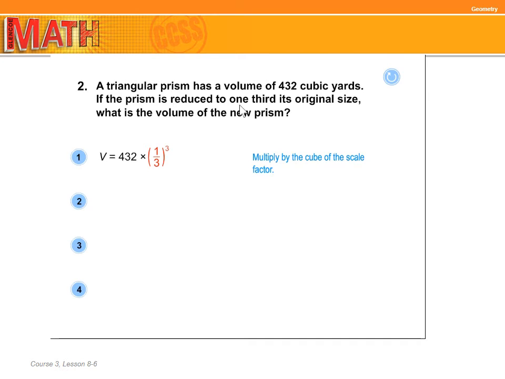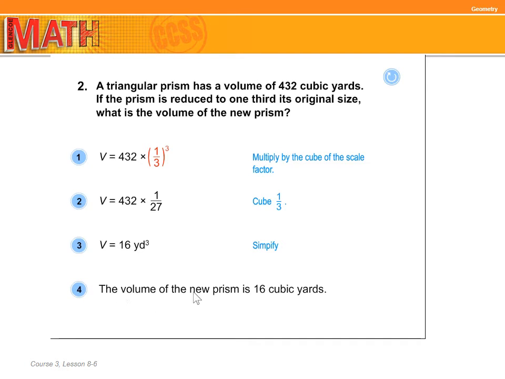Again, we're reducing by 1/3, and it's cubed. So 1/3 cubed is 1/27th. Multiplying that times 432 will give us 16 cubic yards. Remember, cubic yards is our unit of measure. So the volume of the new prism is 16 cubic yards.